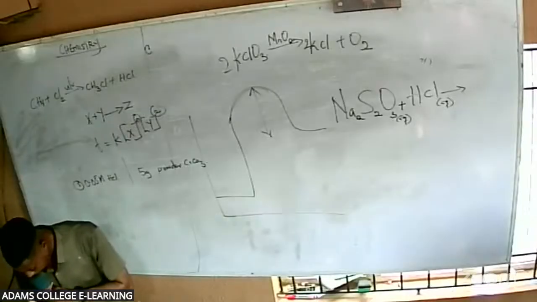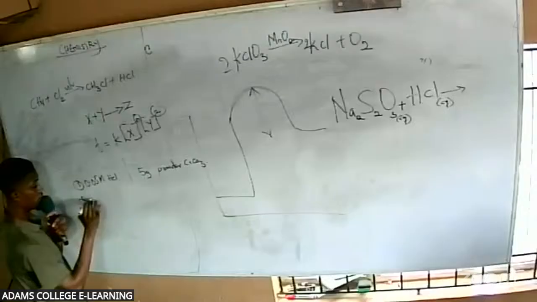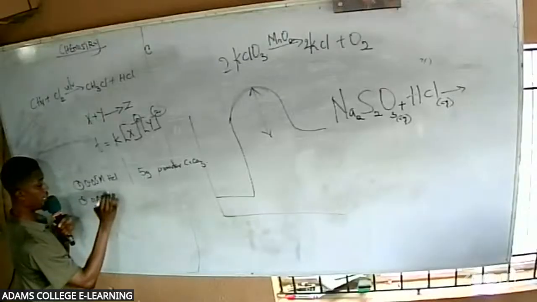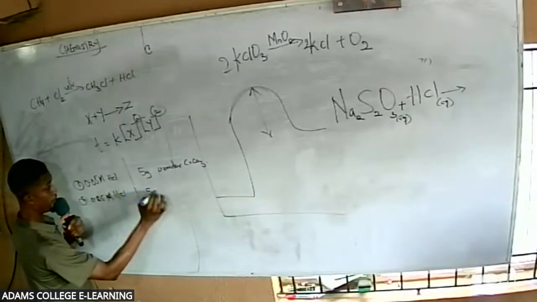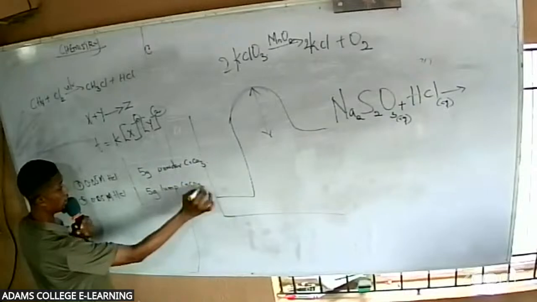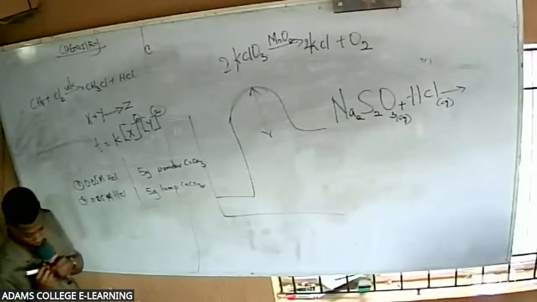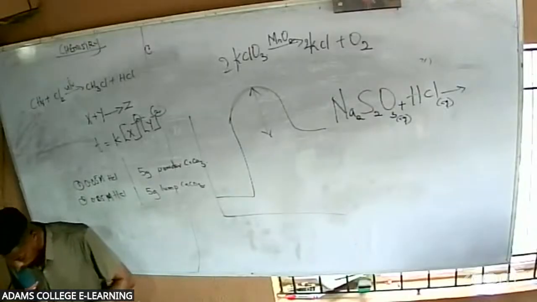Option B, we have 0.05 mole per dm cube of HCl and 5 gram of lump CaCO3. By now, you know there are two factors they are considering here, right? What are the two factors? Concentration and surface area.